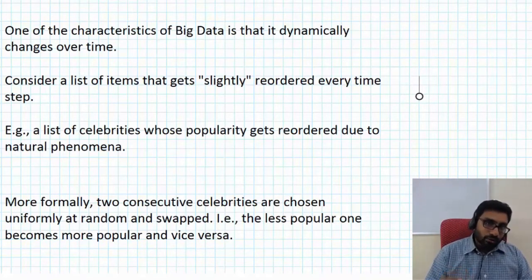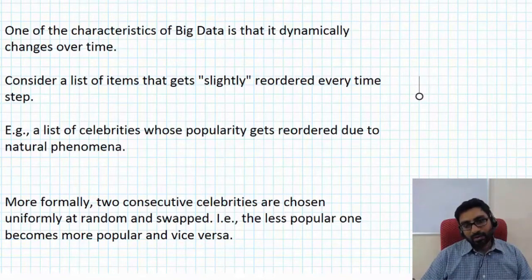For our purposes, we're going to look at this list in a formal sense. We have a list of celebrities ordered by their popularities, and some natural phenomenon takes place, maybe a hit movie or a hit song or a scandal or whatever, that changes the ordering of the popularity of the celebrities. And how do we model that?